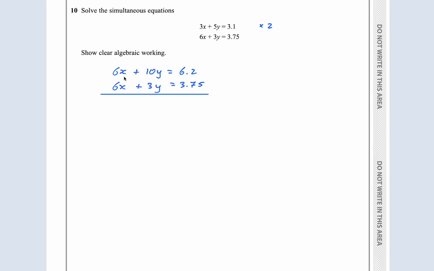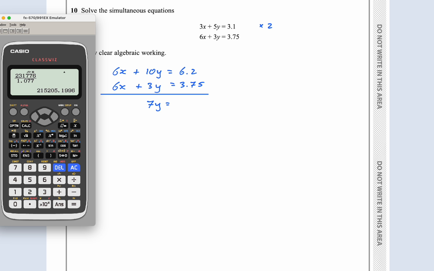Okay, I'm going to eliminate the x's. They are the same sign, so I subtract. Same sign, subtract. 6x minus 6x is 0. 10y minus 3y is 7y. And 6.2 minus 3.75 is equal to 2.45.